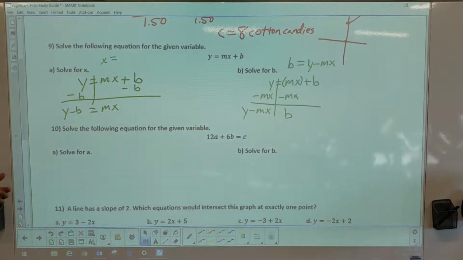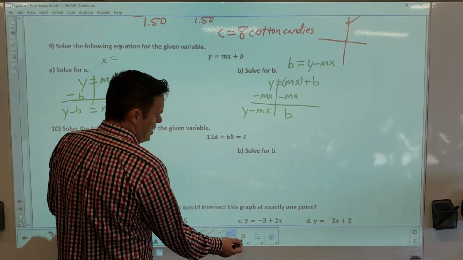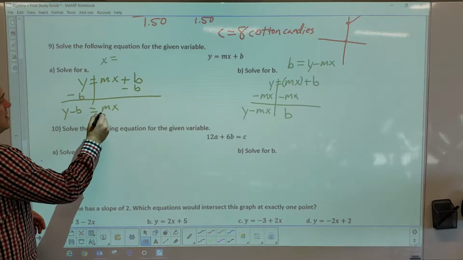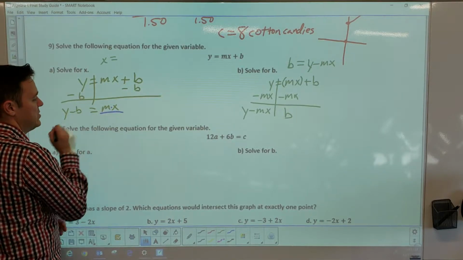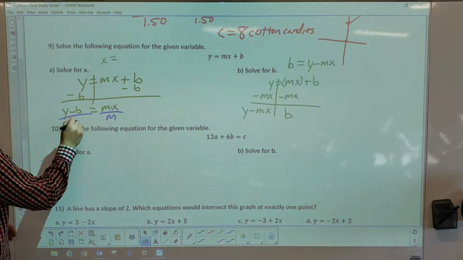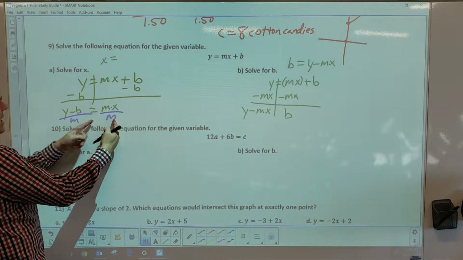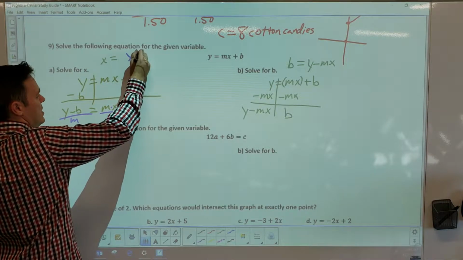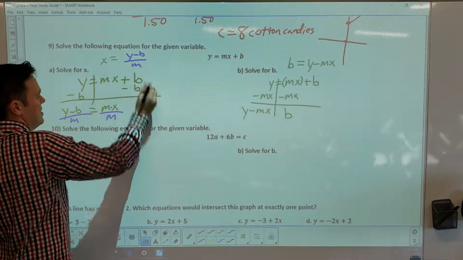And now you have to isolate the x, and this is multiplication, so you do the opposite of multiplication, which is division. So in this case, my x is now by itself because they cancel out, and my answer is this.